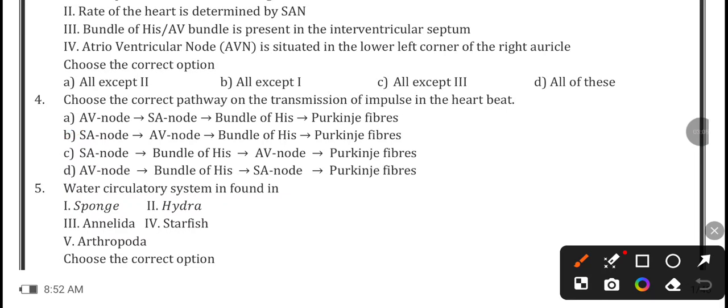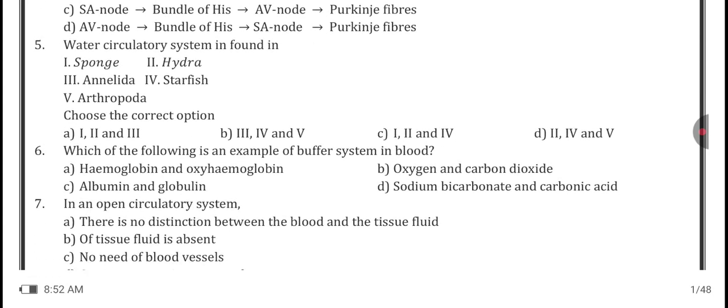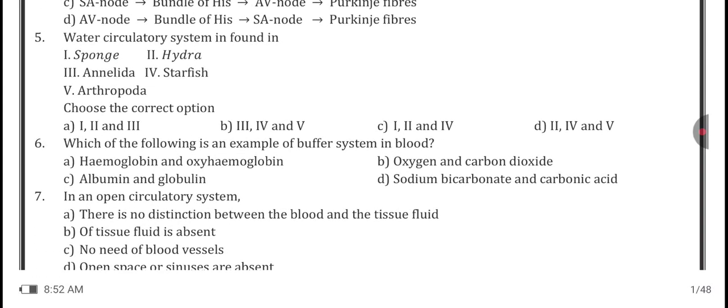Now question number 5. Water circulatory system is found in: option A, sponge, which lies in the porifera. Option 2 is hydra. Option 3, annelida, starfish, and arthropoda.